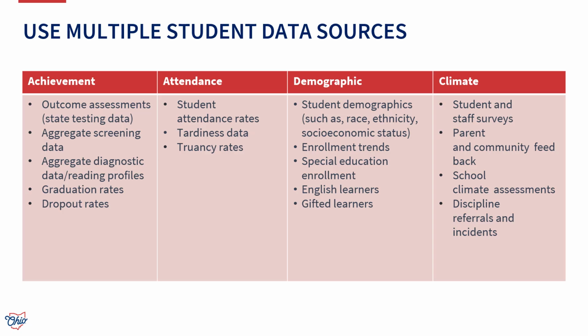Outcome measures such as graduation, dropout rates, and enrollment trends further guide decision-making, alongside feedback from families, staff, and the community. Collectively, these data provide a comprehensive view of student performance, engagement, and needs.